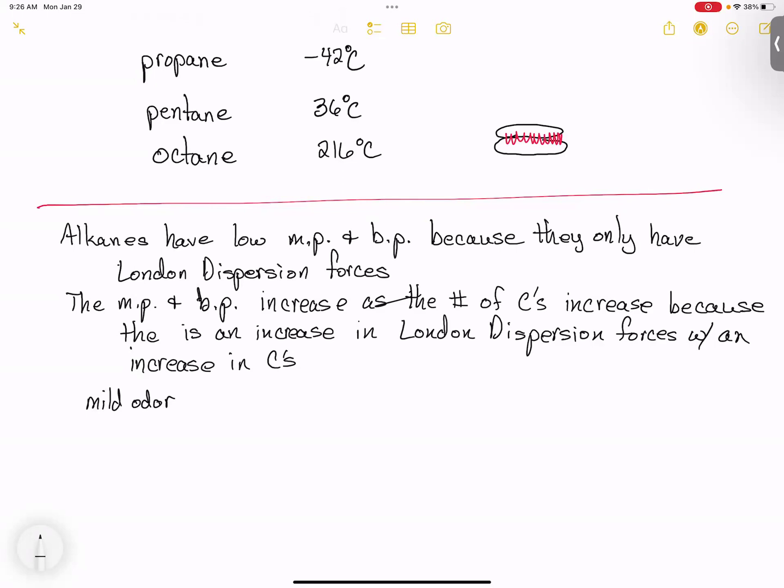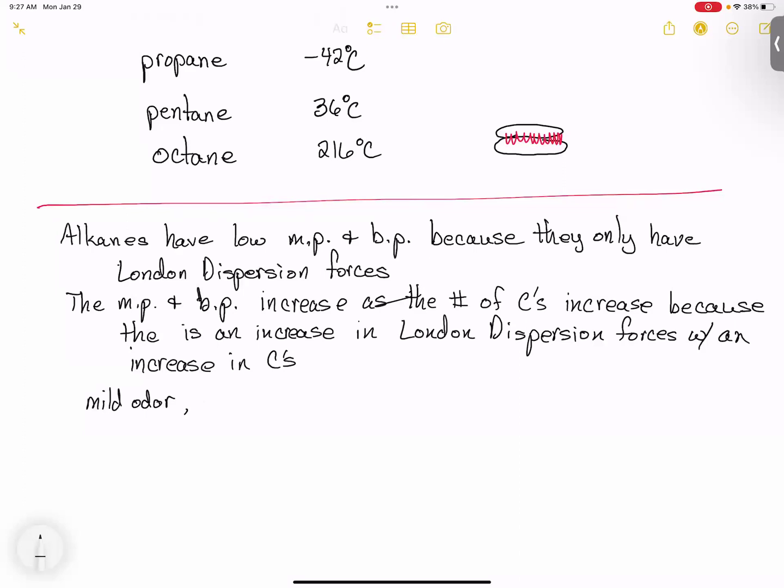So why are we saying that it has a mild odor? What you're actually smelling in that propane gas is an additive. We add additives so that we can smell the gas and know when it's leaking.